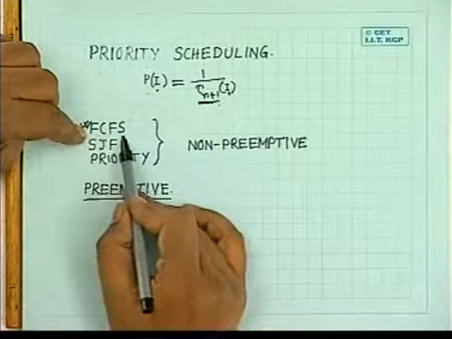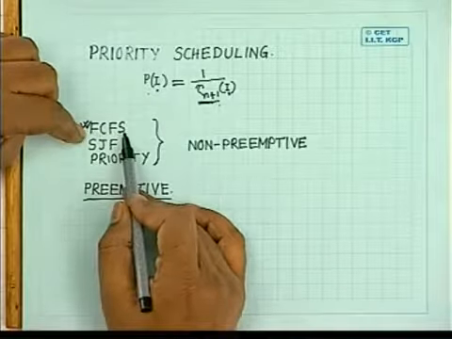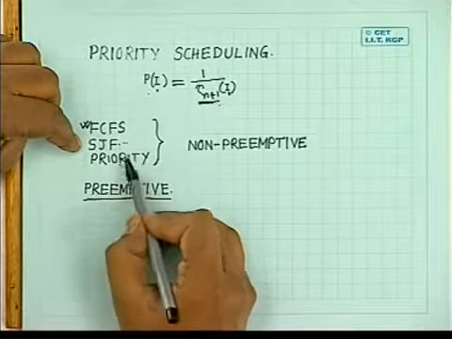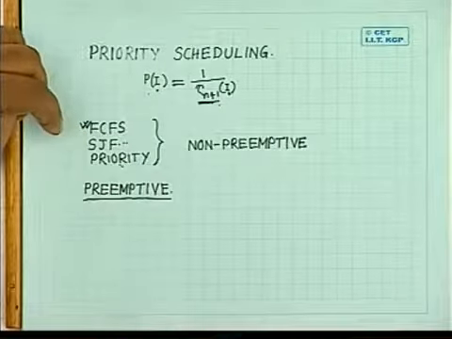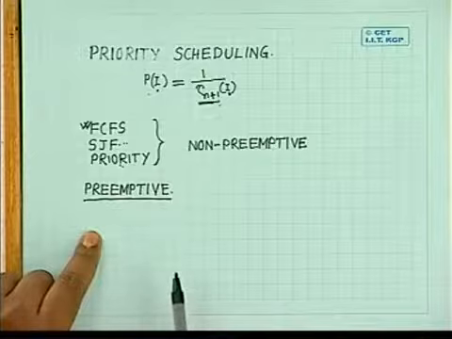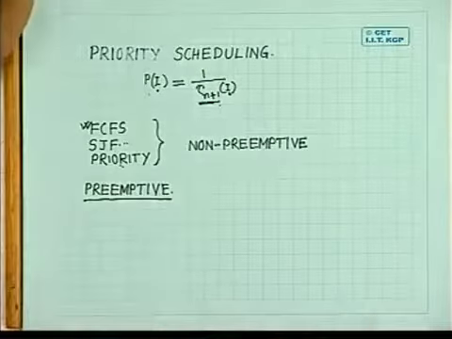So naturally, first come first serve cannot be preemptive CPU scheduling. Whereas the other two, shortest job first and priority scheduling, can be modified to get preemptive CPU scheduling. So how can that be done?